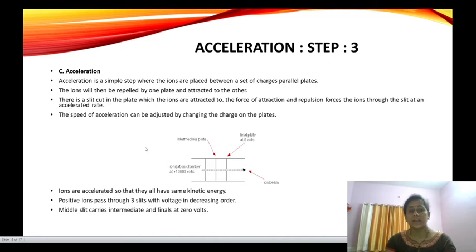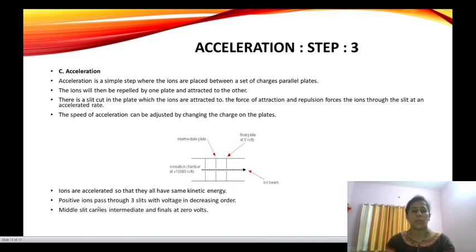There is a slit cut in the plate, and the forces of attraction and repulsion push the ions through the slit at an accelerated rate. The speed of acceleration can be adjusted by changing the charge on the plates. Ions are accelerated so that they all have the same kinetic energy.